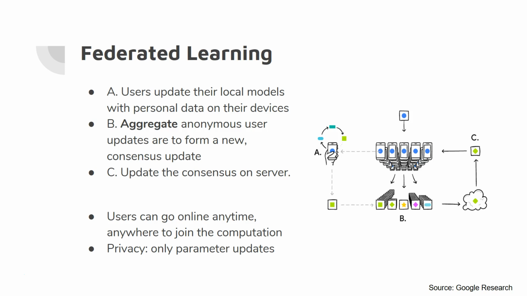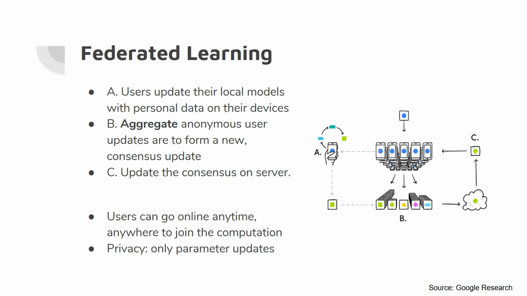I want to introduce three different strategies to solve the problem. The first one is called federated learning. In federated learning, each user downloads the model from the server in step A and updates the local model with the data it collects from time to time.